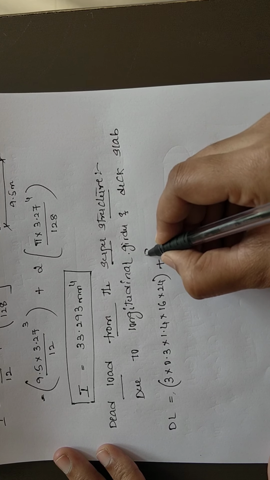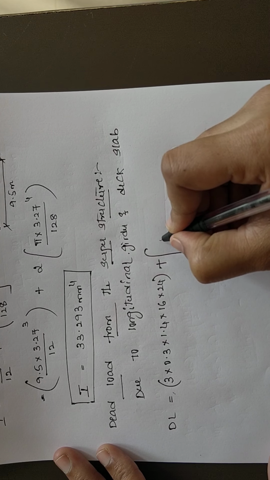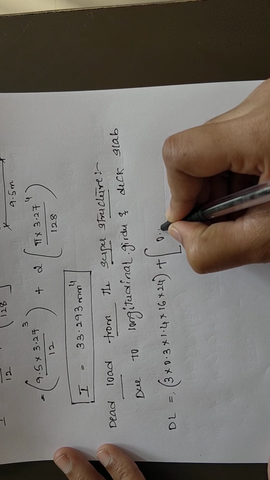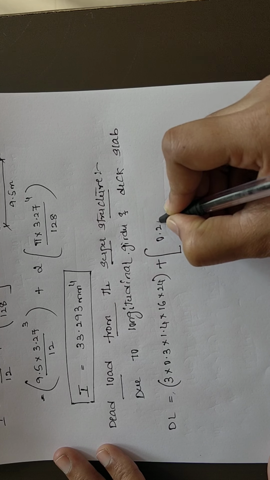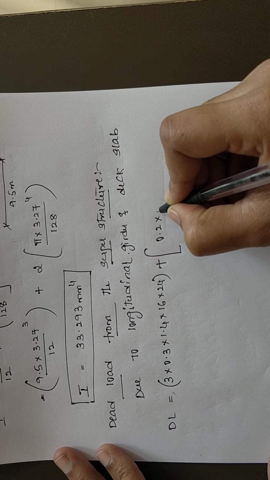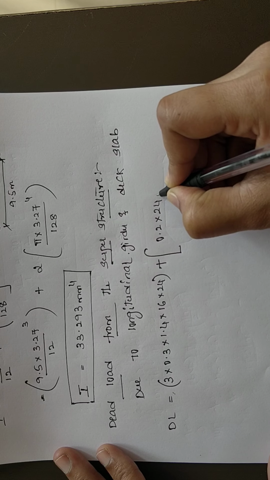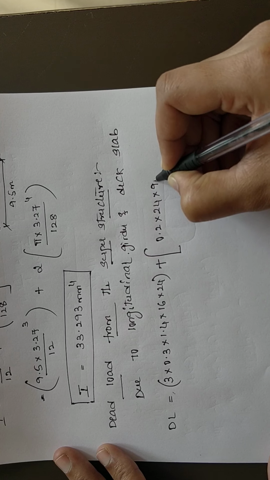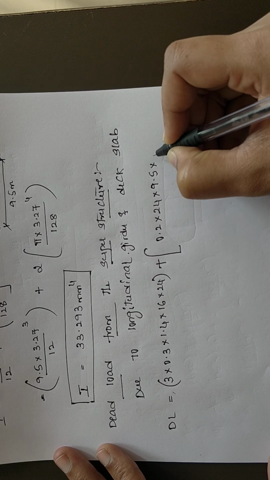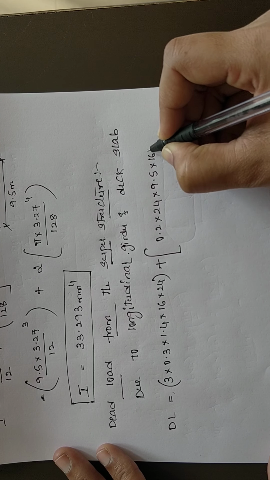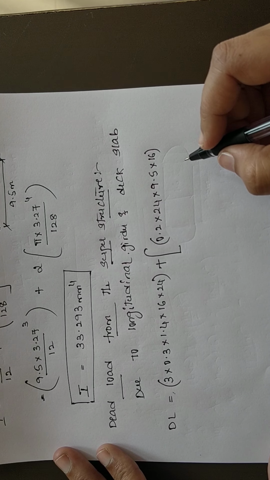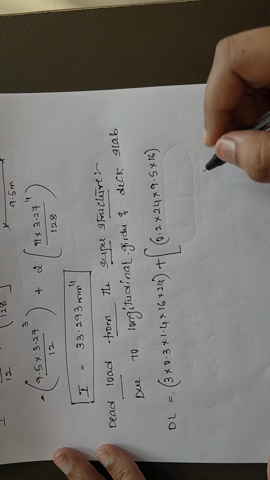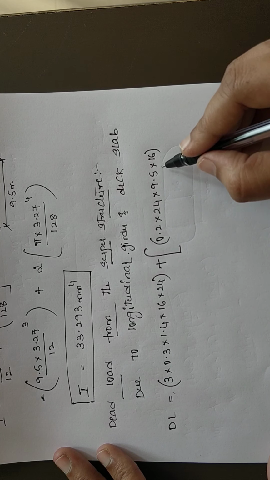Dead load from the deck slab is given by the thickness or depth of the deck slab, 200 mm, that is 0.2, multiplied by density, take it as 24, multiplied by the width, B value 9.5, into the total span of the bridge, 16. This is the dead load from the deck slab.